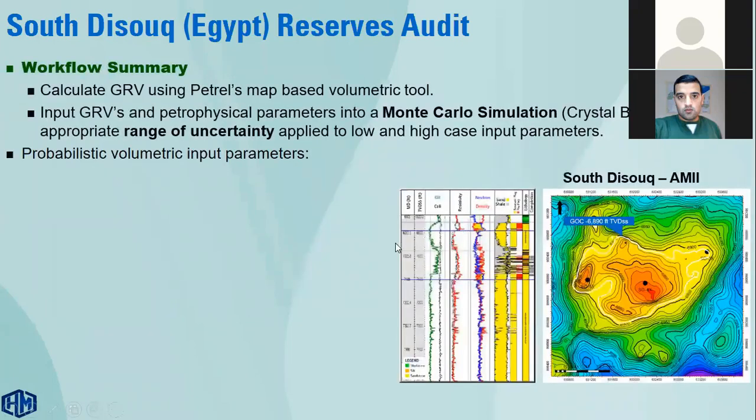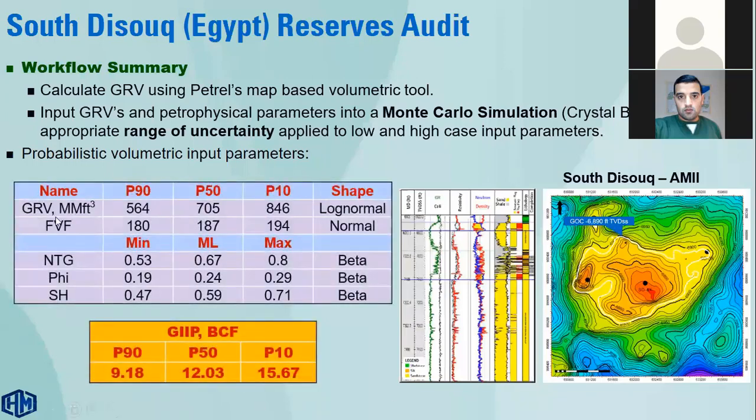Simply to simplify the technique, the input parameters like the physical data, as you can see, you have the well log, this map, the structure contour map at the top of the reservoir. So the physical parameters will be input to Monte Carlo simulation software to get the range of uncertainty. So as you can see, these are the input parameters like gross rock volume, formation volume factor, porosity, net to gross, and so on, and the corresponding distribution function.